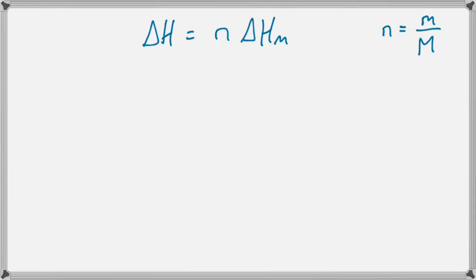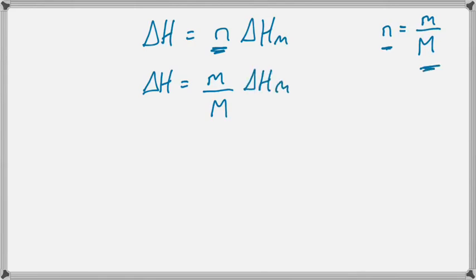Because the question gave me 10.0 grams, I'm going to say delta H is equal to mass over molar mass, substituting for N, times delta HM. Now, in order to do this, I have to find big M, capital M. I need to know the molar mass of propane.